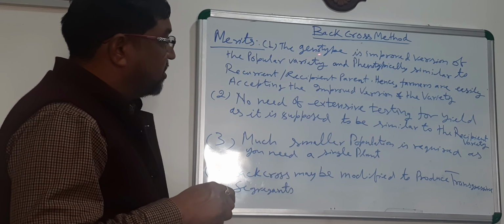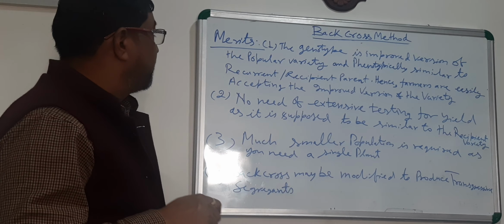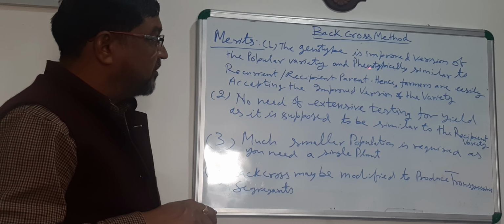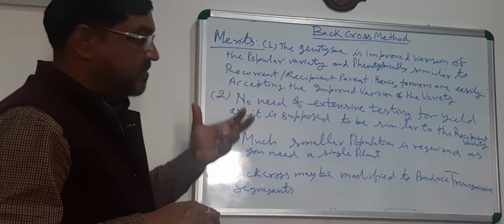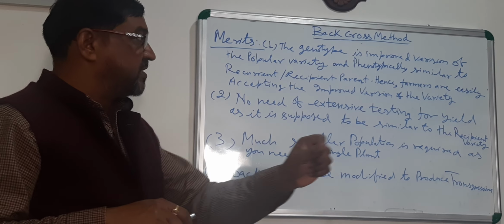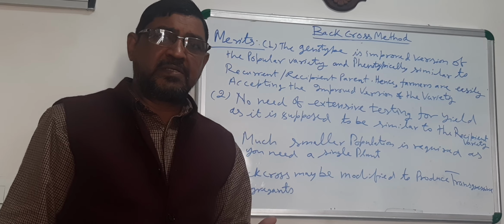The genotype which you have developed is an improved version of the popular variety and phenotypically similar to the recurrent parent or recipient parent. Hence, farmers easily accept the improved version of the variety because that variety is already popular among them.